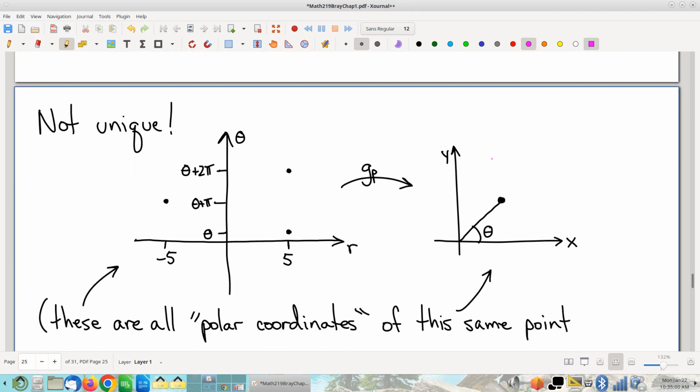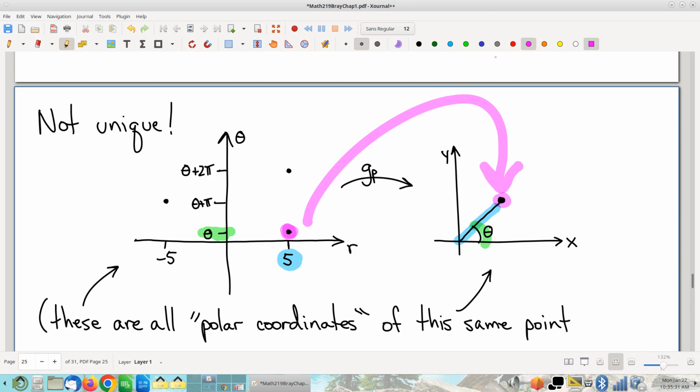Now, just as an example, here's a point in the xy plane, and I'm going to notice that if I look at that angle as being some value of theta, whatever, and then if I look at this distance, apparently I've chosen this distance here to be 5, and so the polar coordinate function takes that point to that point, r and theta, the usual rules. But here's the thing.